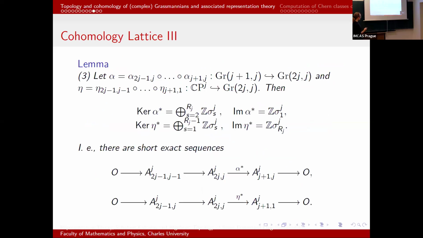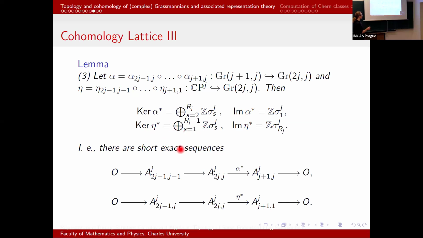So we see that the kernel of this projection is the free subgroup generated by all the other partitions which are not the column of length J. Alpha star is the vertical projection, the horizontal projection onto the cohomology of CPJ.